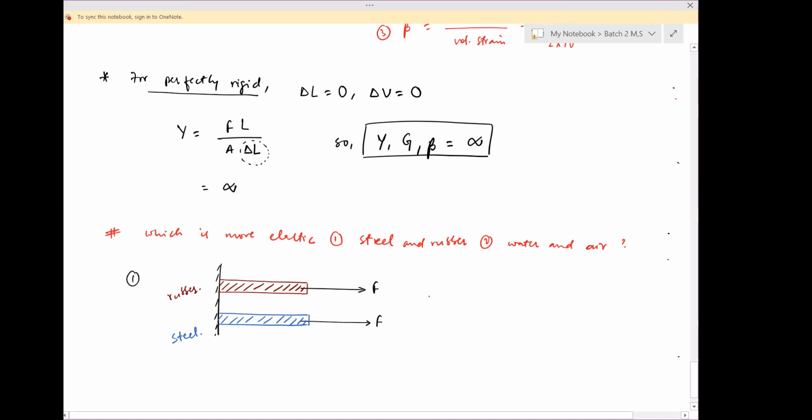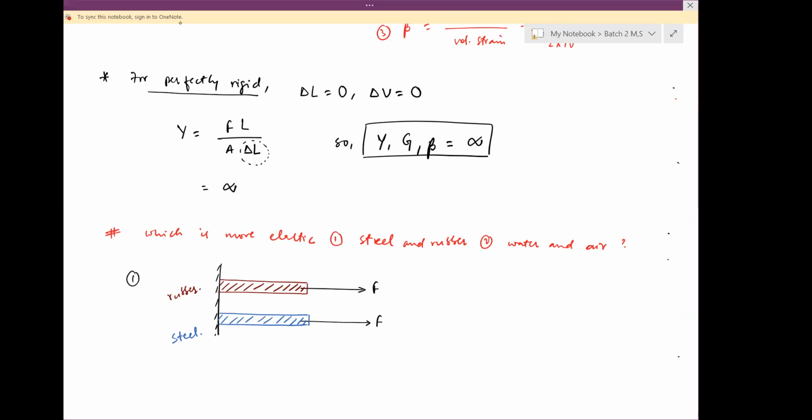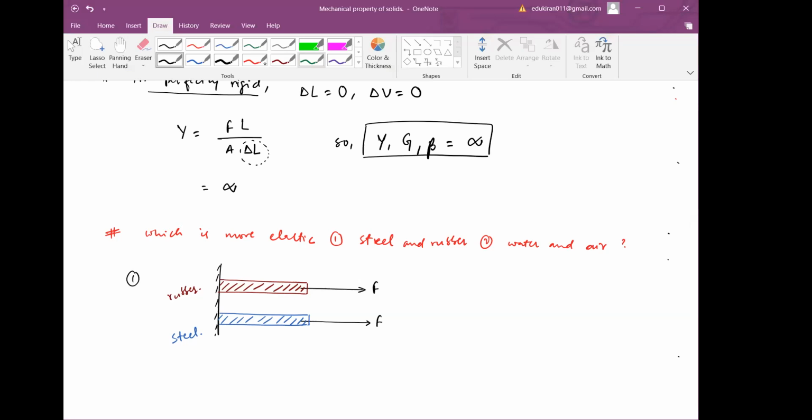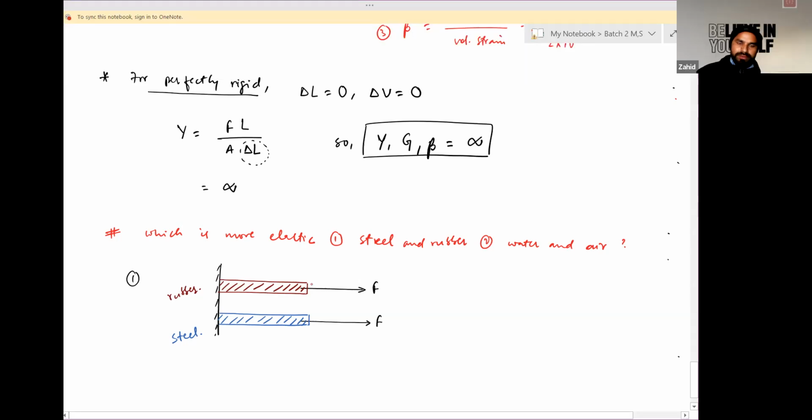Rubber. Good. So amount of deformation produced in rubber will be more as compared to steel. So this is delta L in rubber and this is delta L in steel.